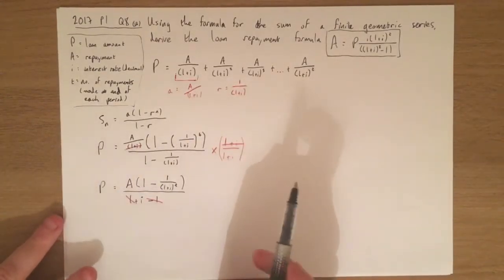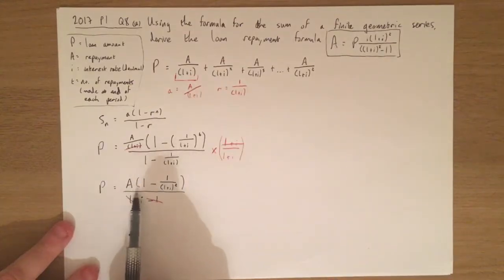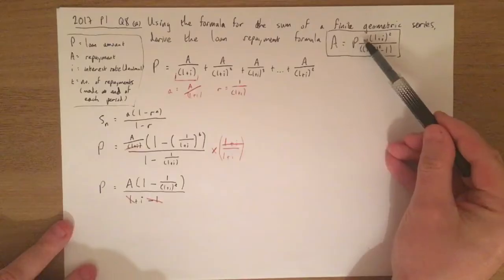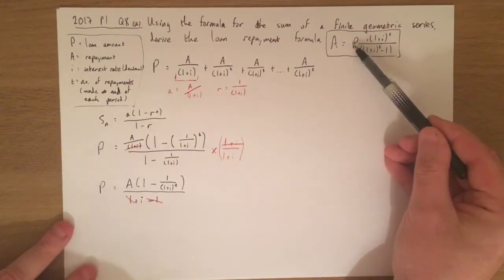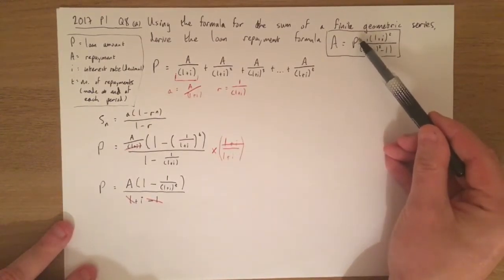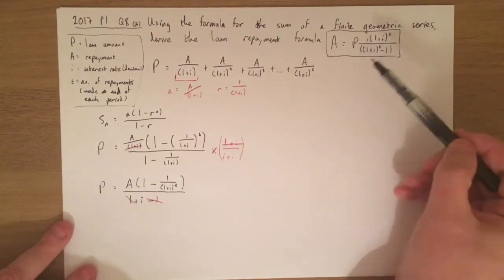So next thing I'm going to do is, everything here is over I. So if you look at this formula, while I write the P out on its own, if you multiply a whole number by a fraction, it belongs to the top. So you could write this formula with the P on top. So P multiplied by I multiplied by that.